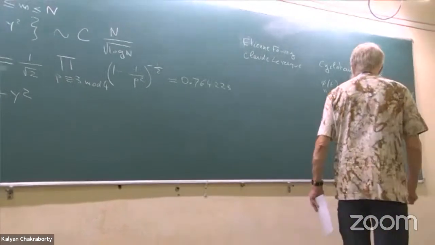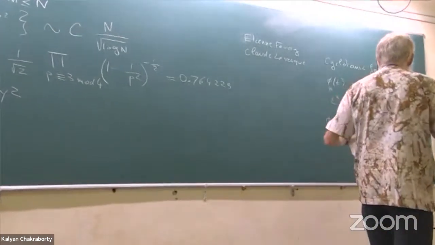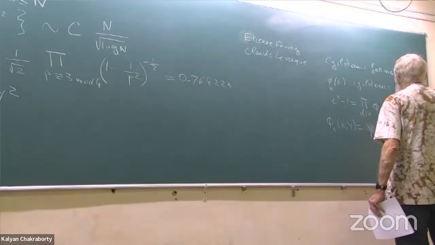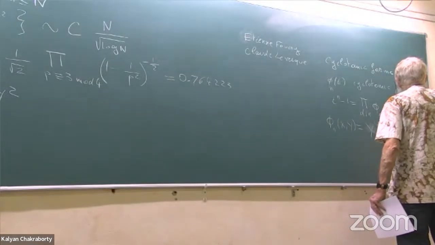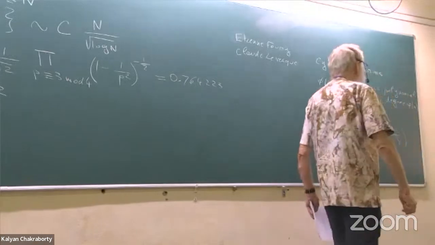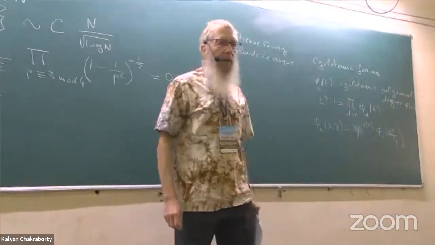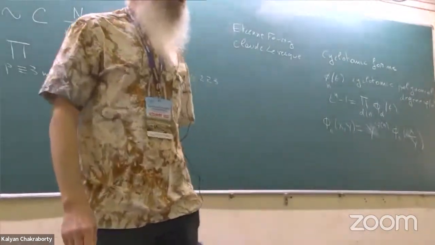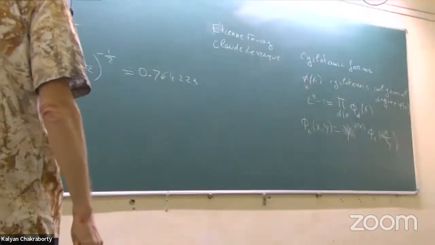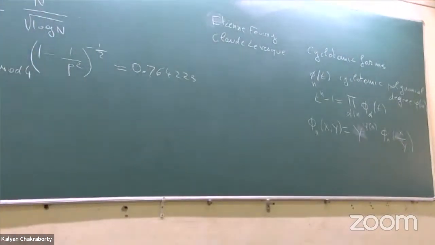And this is because the cyclotomic polynomial has degree phi of n, where the small phi is the Euler totient function. So the form x squared plus y squared is just phi 4 of x, y.